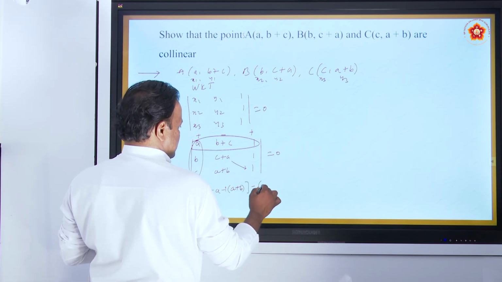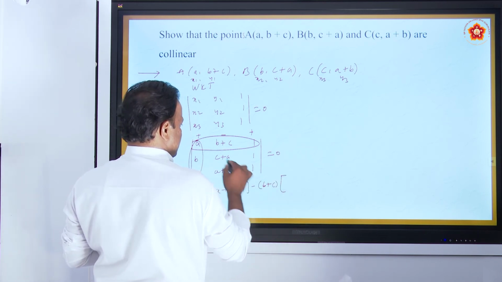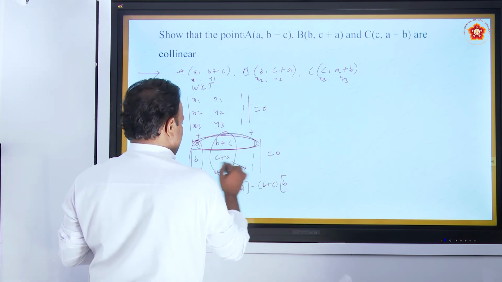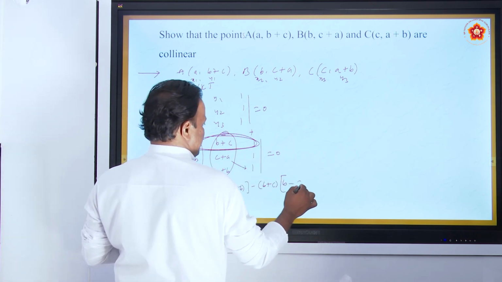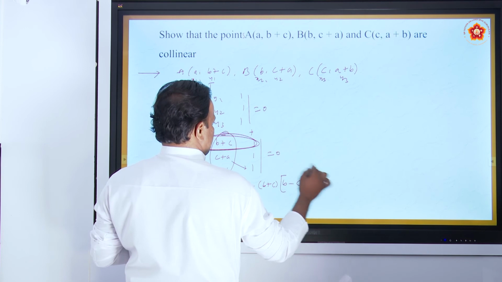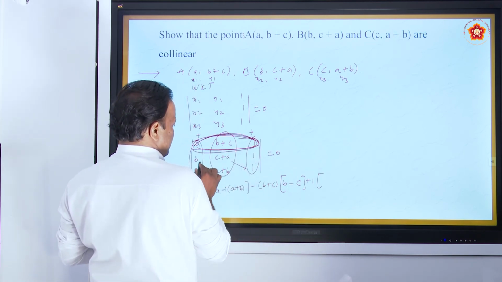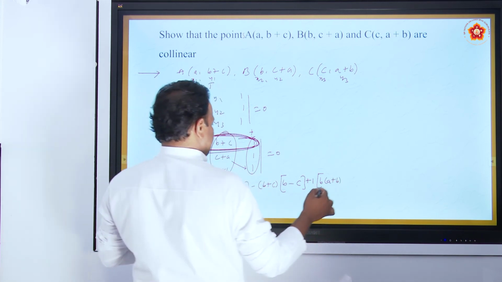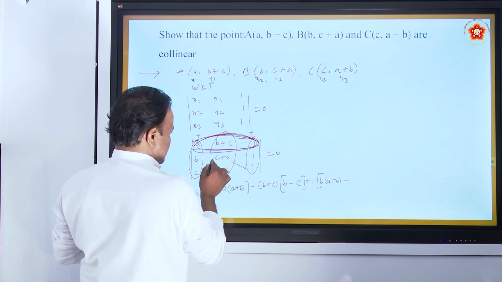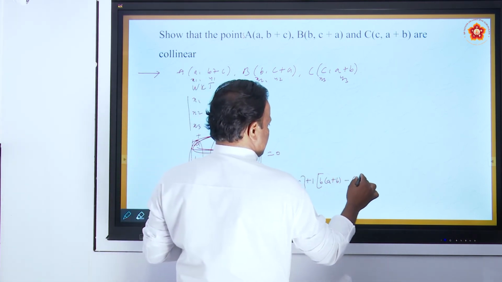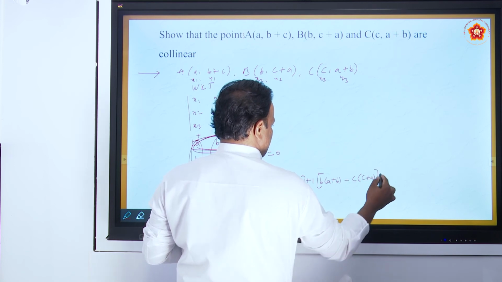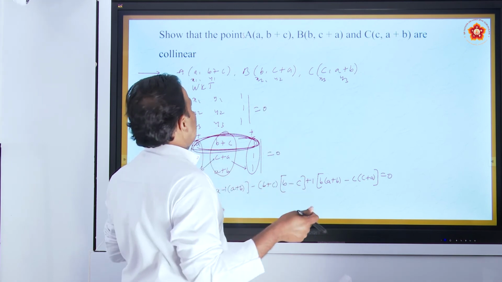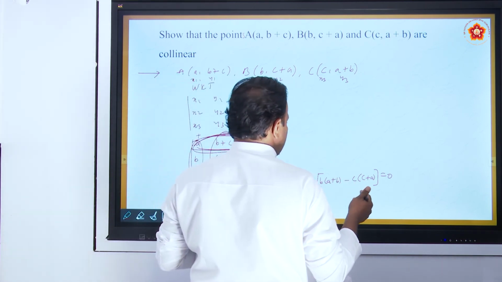Now minus B plus C, eliminating B's containing row and column: B into 1 is B, minus 1 into C. Then plus 1, eliminating the containing column and row: B into A plus B, minus B into A plus B, these two are multiplied, C into C plus A. Simplification now, equal to 0. You have to show that this expression LHS is 0, then the 3 points are collinear. Okay, next one.